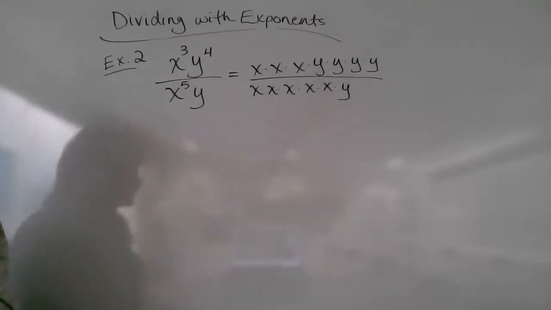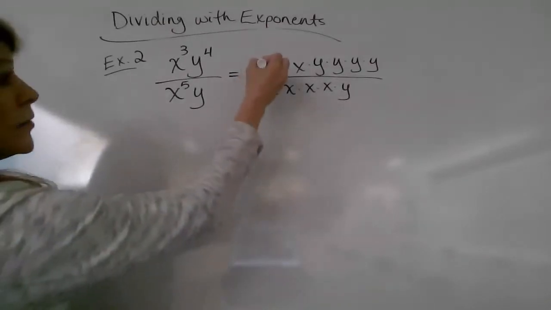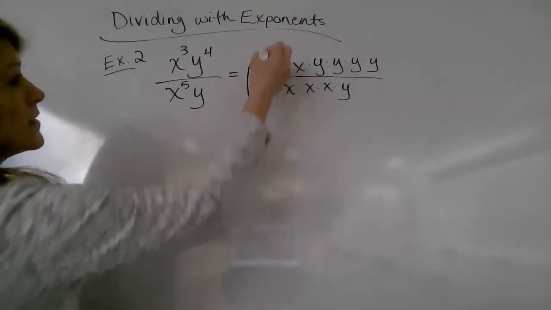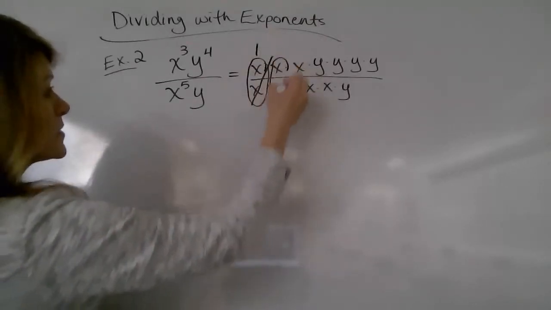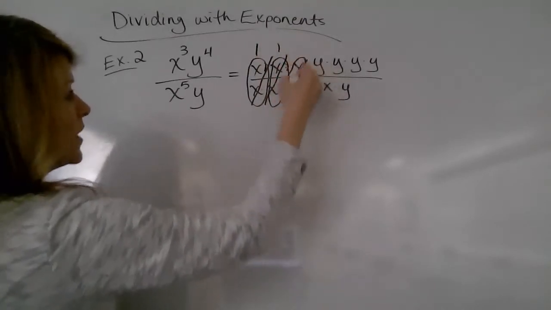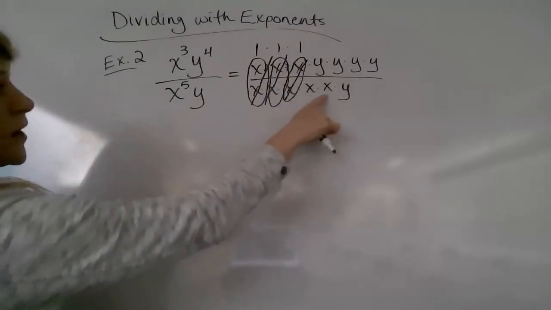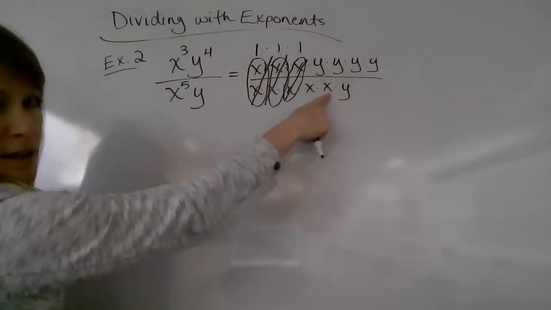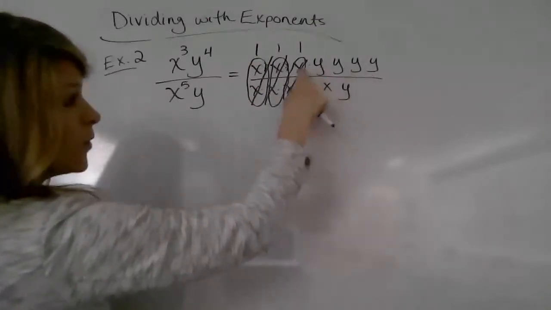So now let's simplify. Let's look for ones. We have x over x, that equals 1. We have another x over x equals 1, and one more, x over x equals 1. We don't have any more x's in our numerator to cancel these out with, but we do have a y, and we have 4 y's up top.